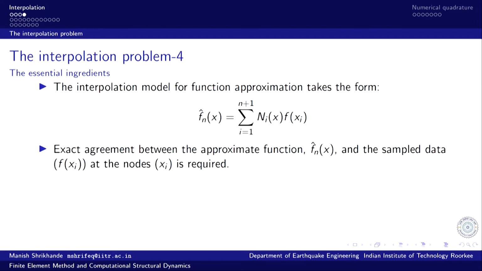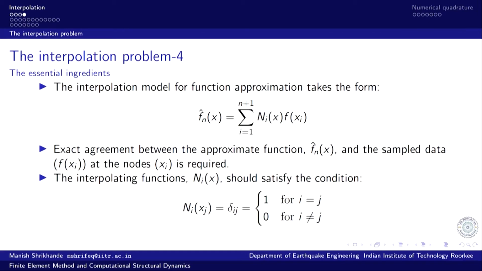That is the emphasis, that is the requirement of interpolation. The moment I say that I am looking at an interpolation model, it means that the approximation I am constructing has to agree exactly with the specified value at the nodes. The nodes are specified and the function value is also specified, and the approximate function has to exactly match that tabulated, or given, value.